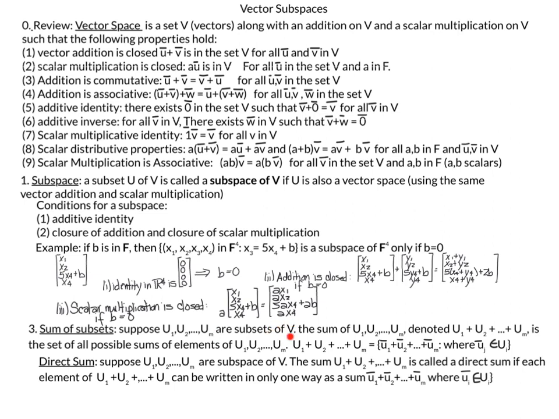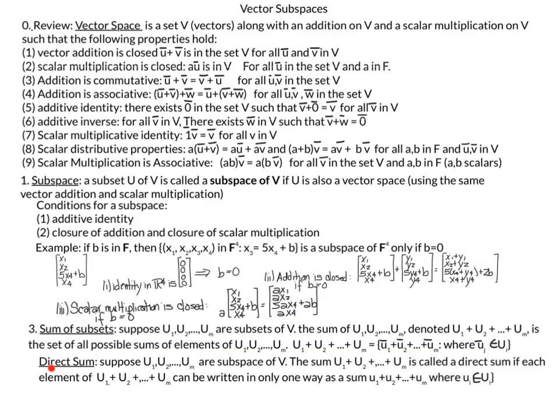They're subsets of a vector space V. Then the sum of u1, u2 up to um, which we denote u1 plus u2 plus up to um, is the set of all possible sums of the elements u1, u2 up to um, where the first vector u1 is from the set u1, the second vector is from the set u2, up to the vector um is from the set um. We'll do examples of sum of subsets in the main part of our video.